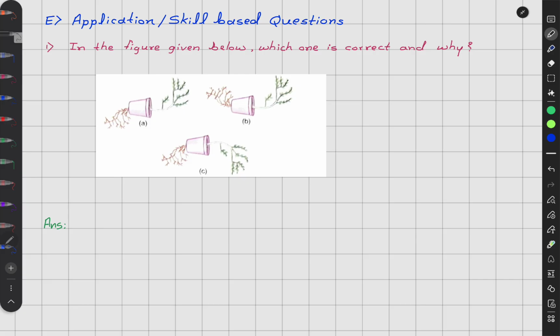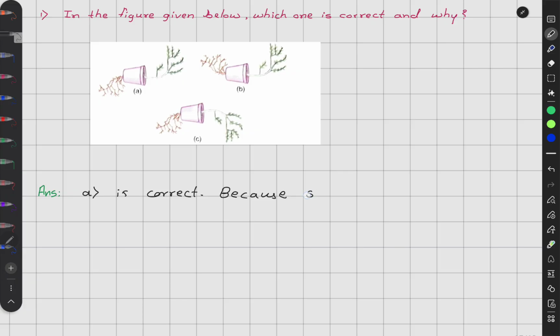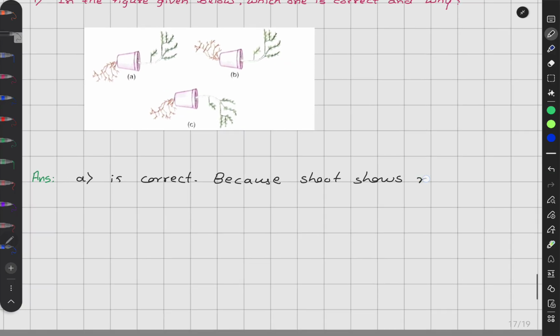In this figure, A is correct because shoot shows negative geotropism and root shows positive geotropism.